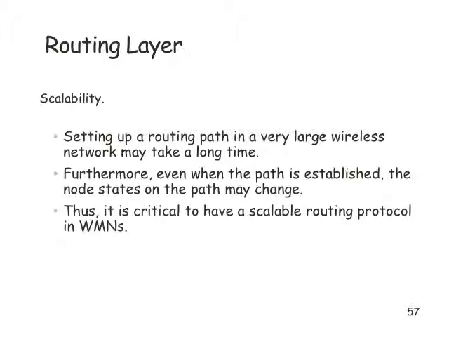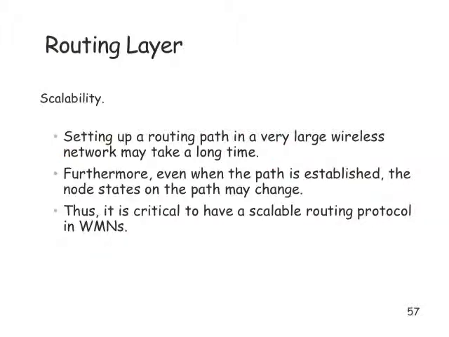Another issue is what we call scalability. So first, I have to do certain measurements if I want to measure the link metric or the quality of the link. Scalability is another factor: setting up a routing path in a very large network is actually very costly.